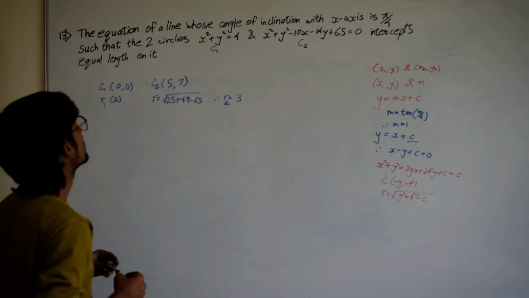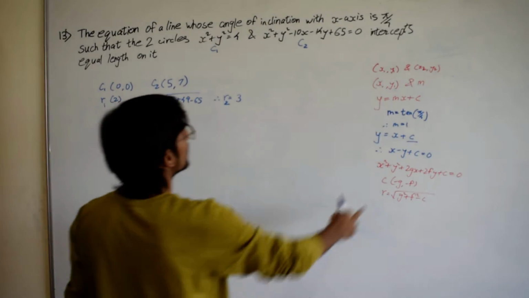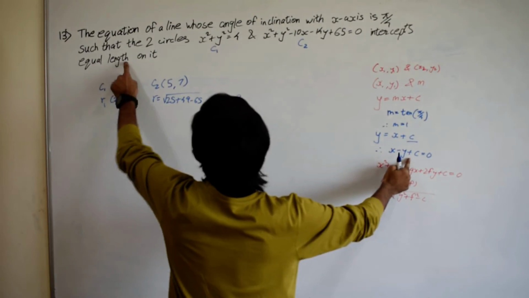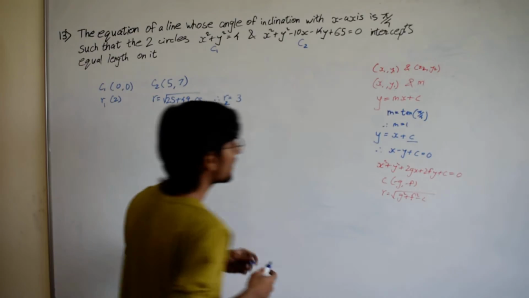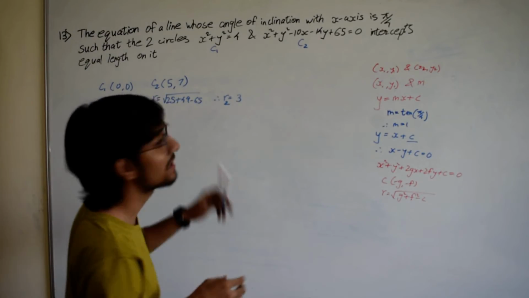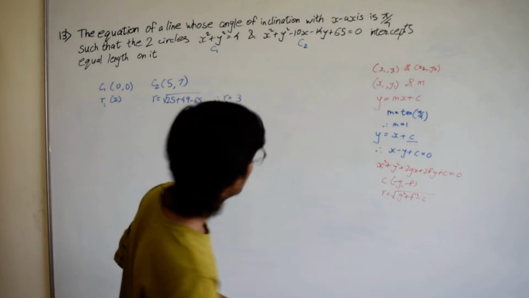The question says that the line intercepts equal length on both the circles. The line intercepts a circle, therefore we can say that the line is a chord of the circle.